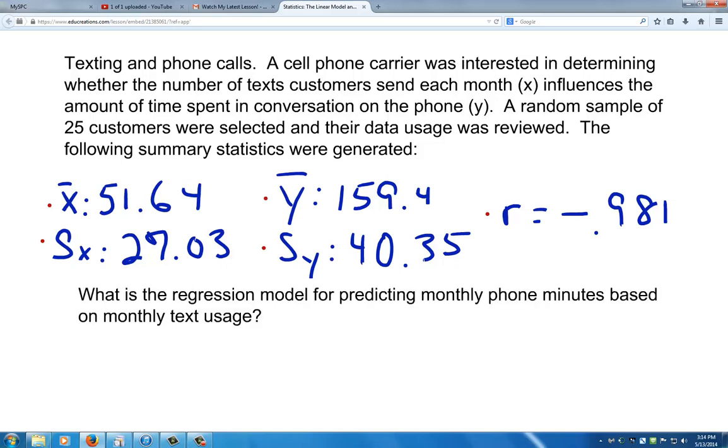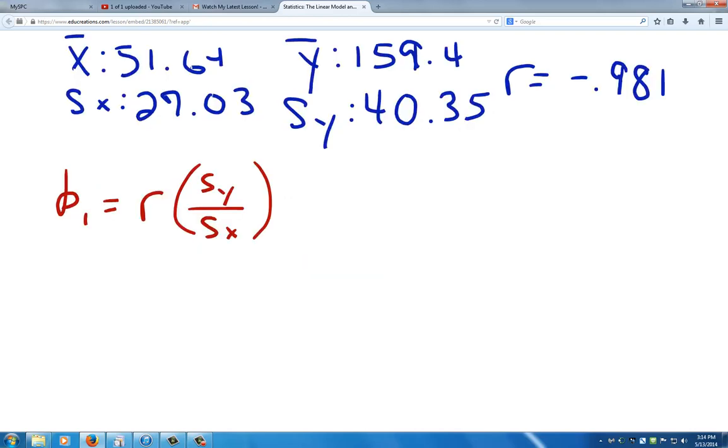Since we know that the model is appropriate, what is the regression model for predicting monthly phone minutes based on monthly text usage? To construct our linear model, first we need to find the slope. We use the formula b sub 1 equals r times the standard deviation for y divided by the standard deviation for x.